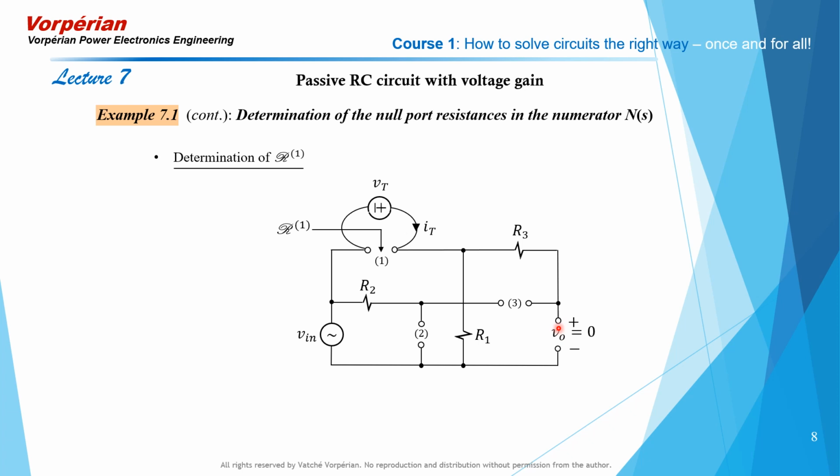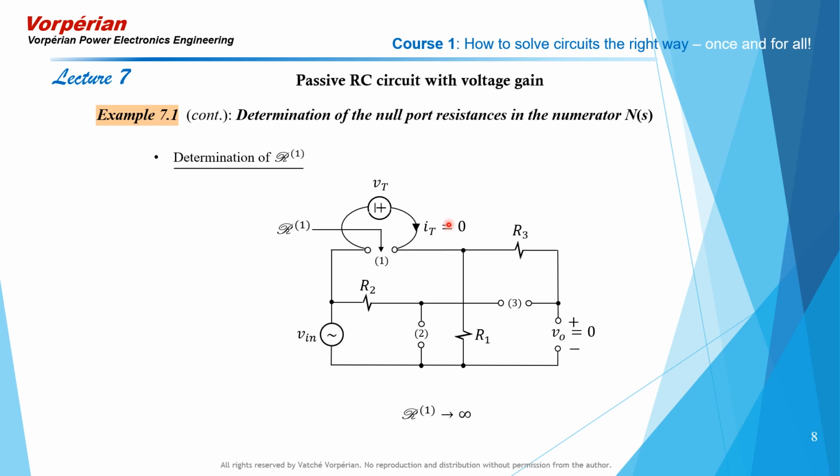Having said that, we see that R3 is looking into an open circuit, and therefore there is no current flowing through R3, which means that the voltage drop across R3 is equal to 0, which means that V0 appears directly across R1. But since V0 has been nulled, it means that the voltage across R1 has been nulled, and as a result, the current through R1 has been nulled, which means that IT, which is the sum of the currents in R3 and R1, has also been nulled.